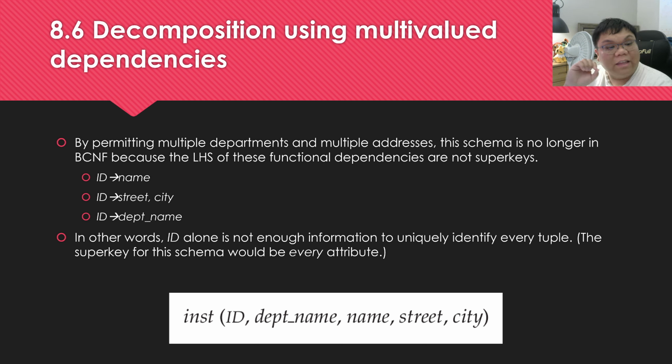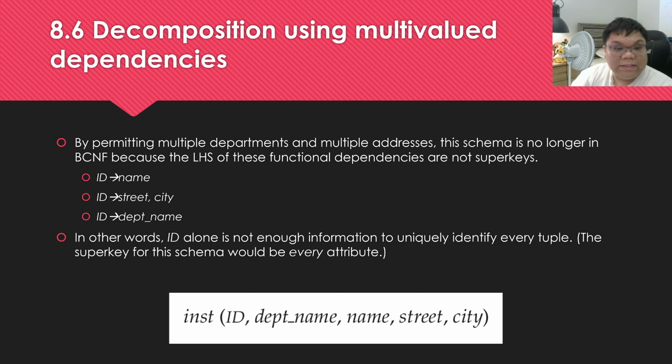But ID determines street and city, basically the address, can't hold because in Boyce-Codd normal form, the left-hand side of all these functional dependencies must be superkeys. And in this case, the ID is no longer enough information to uniquely identify each tuple.